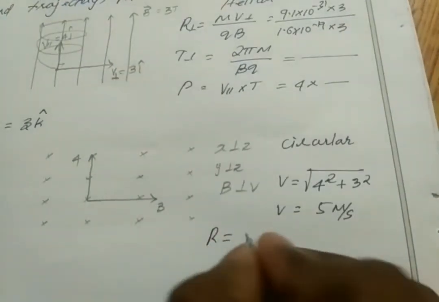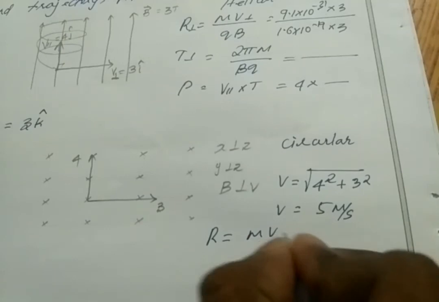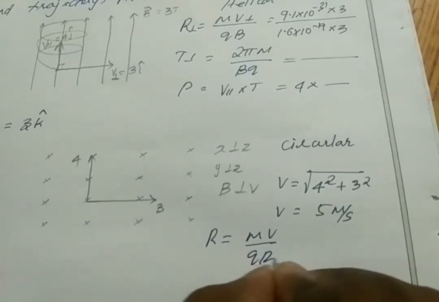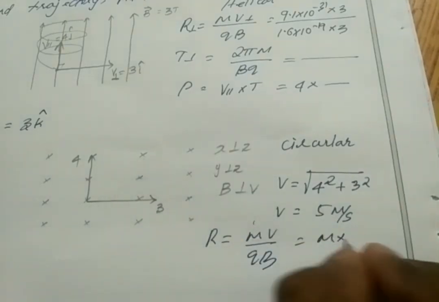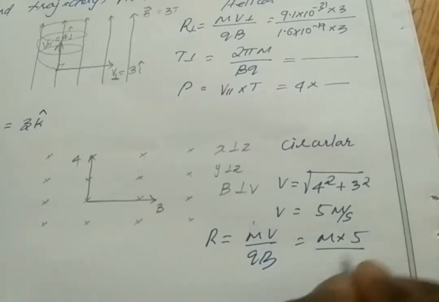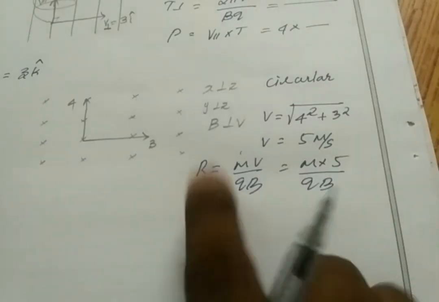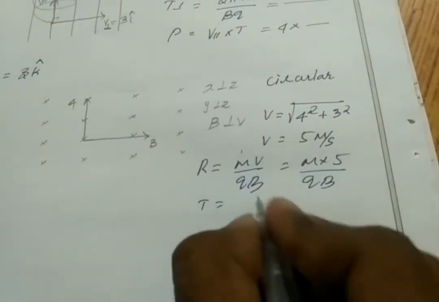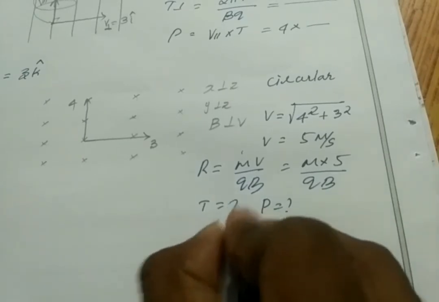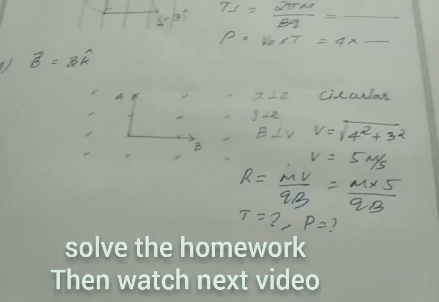Now substitute in the formula. R equals mv by qB. We know the m value, substitute m, v is 5, q, and B is 3. So substitute all the values and find R, T, and pitch. Clear? So post the answer in the group.